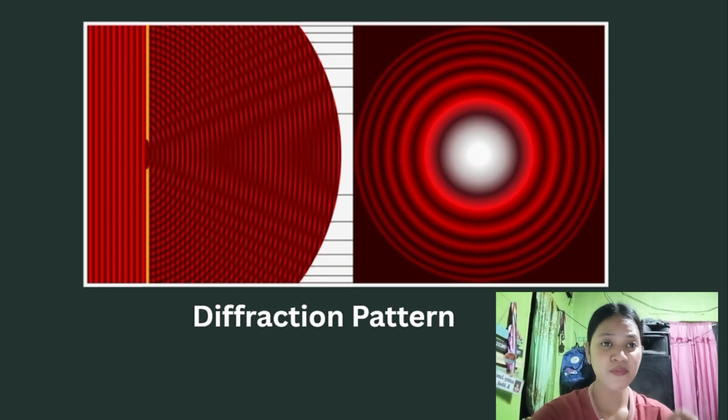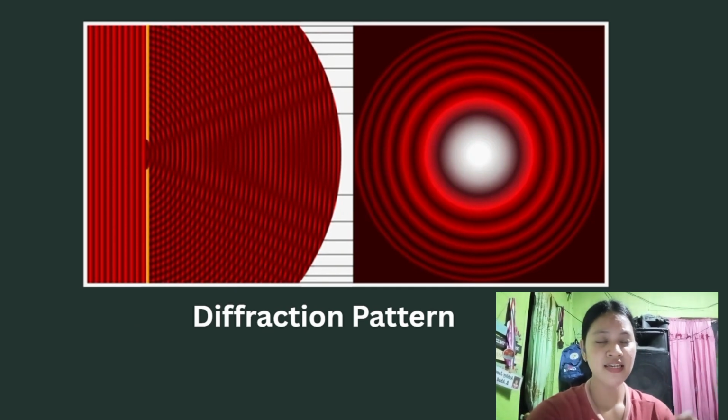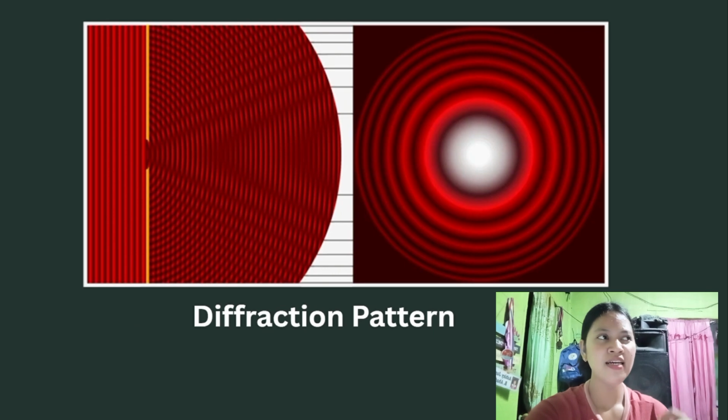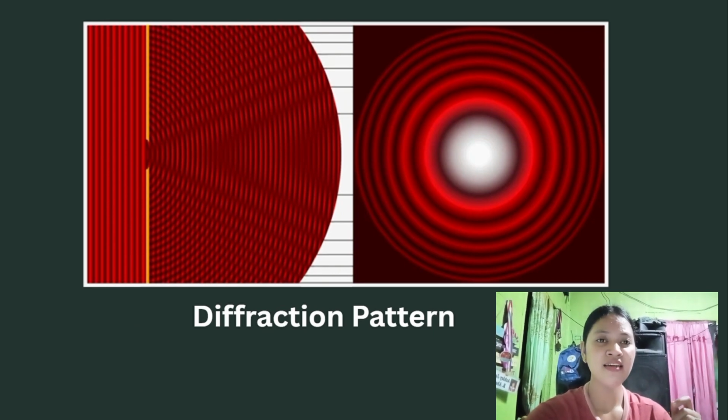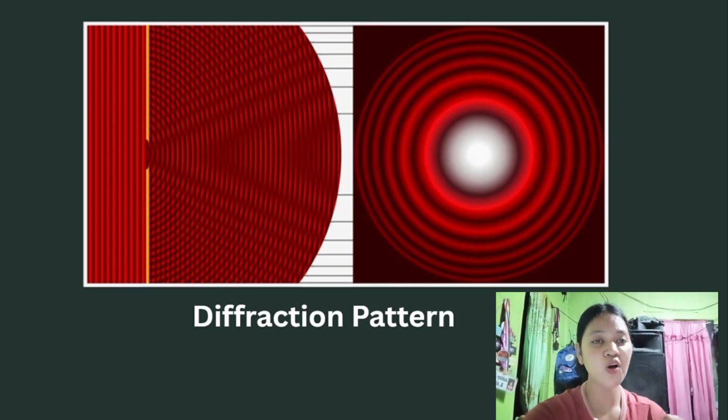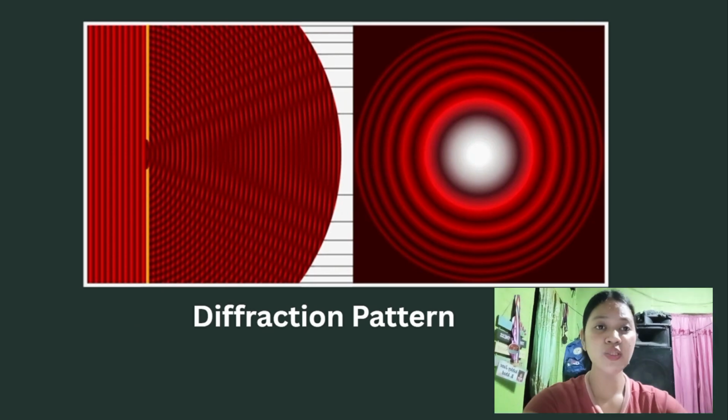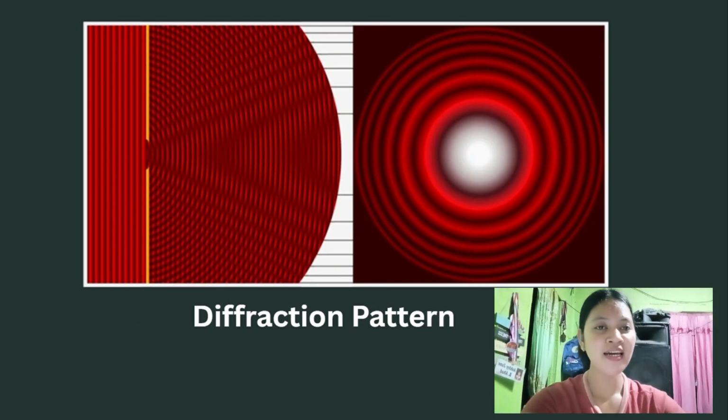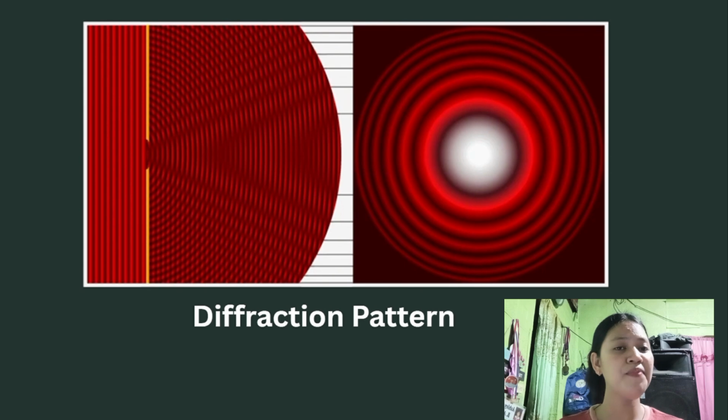Because of the diffraction pattern, the image of a tiny point of light isn't a perfect point. It is a small blurry spot called an Airy disk, and Miss Sandy is going to talk about this in detail. When two very close points have overlapping Airy disks, it becomes hard to tell them apart.